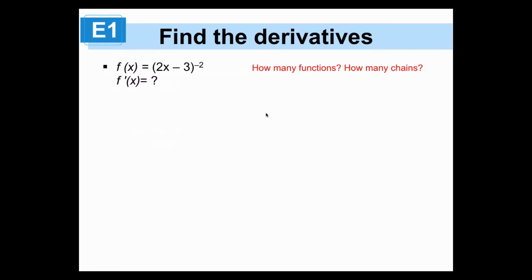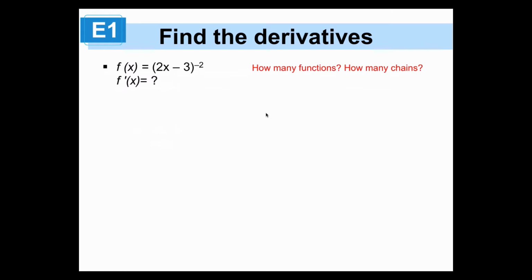So 2x minus 3 is the first function, and then the other function is raising it to the negative 2 power. Which one's on the inside? Good, the 2x minus 3.